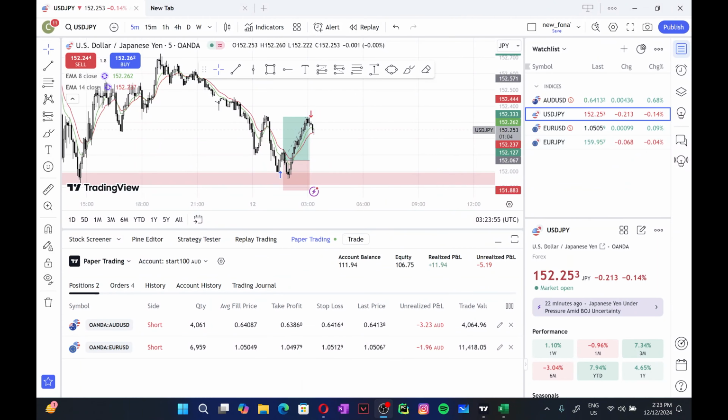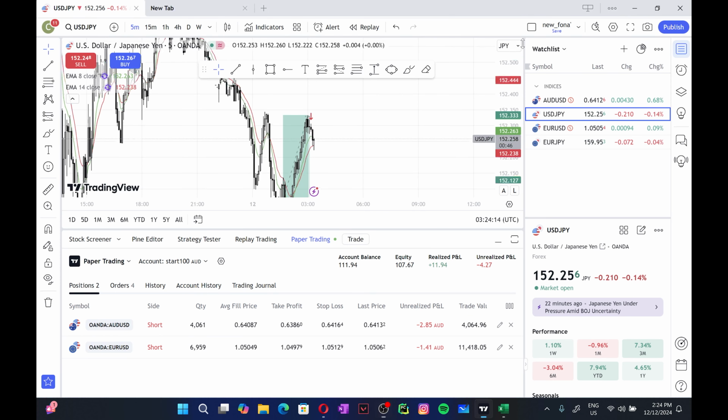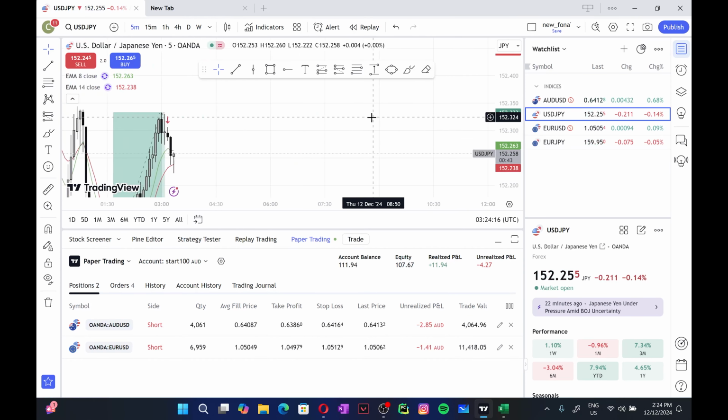All right, before I continue, I just came back and was looking at the USD JPY chart, and as you can see, one of my trades has ended, so let me explain real quick. This was my trade at the beginning.